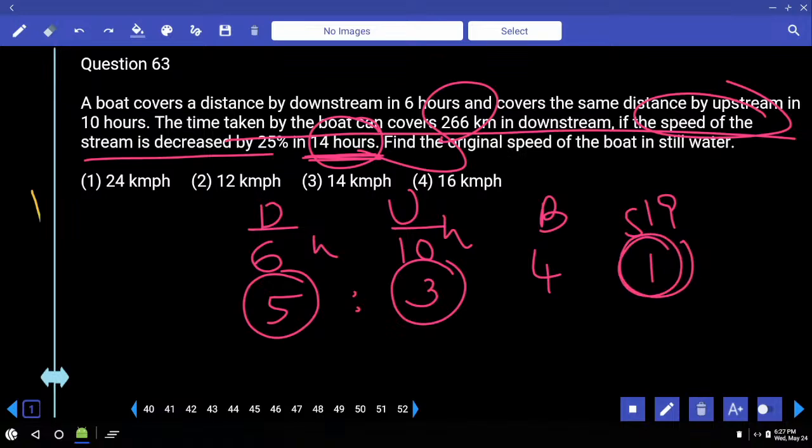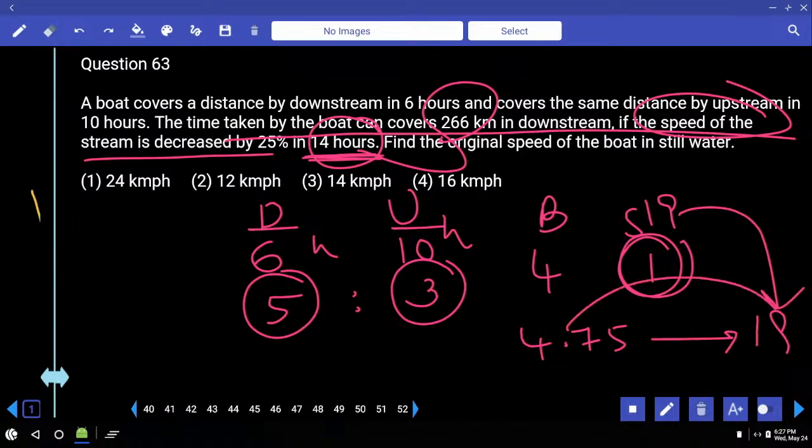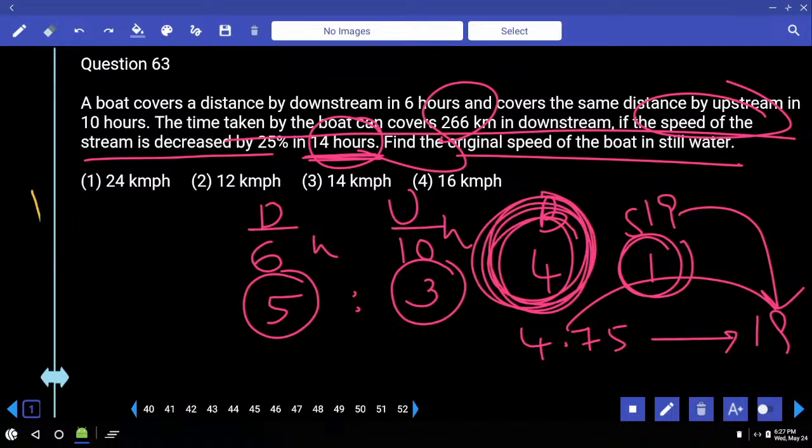Then downstream speed will be 4.75, which is now equal to 19. So this is 4 times. Then the original speed of the boat in still water is 16. Option 4.